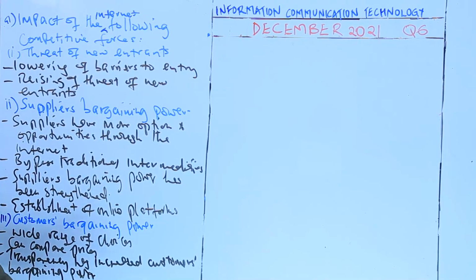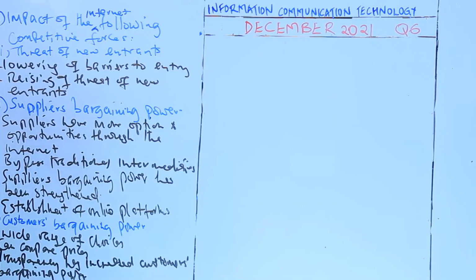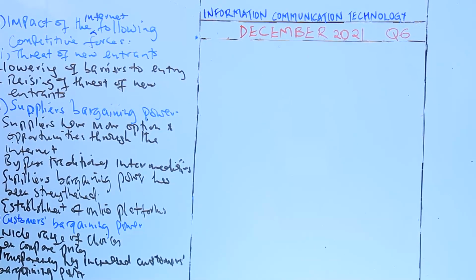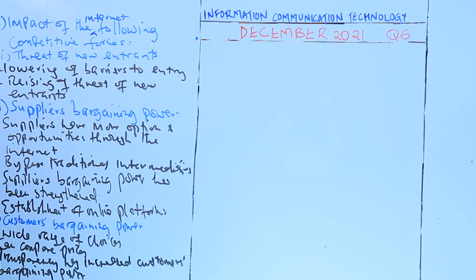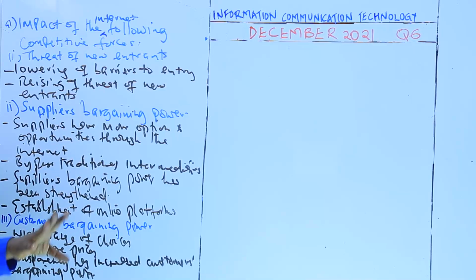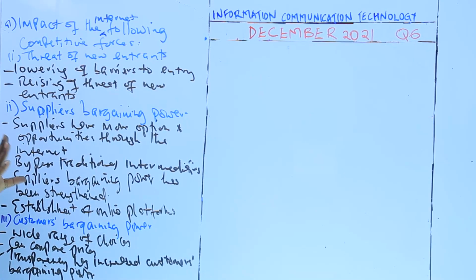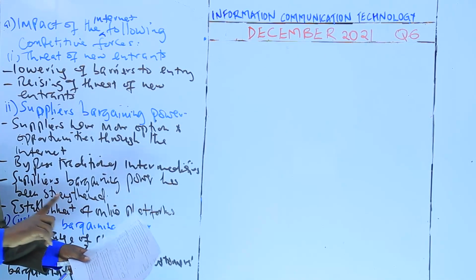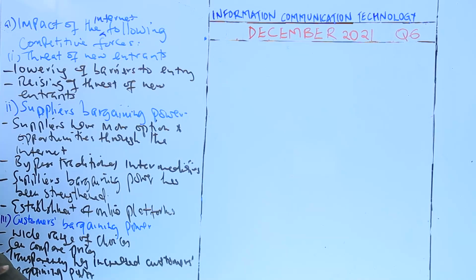It has increased customers' bargaining power. They can compare prices. Customers can negotiate because they have many options before making purchase decisions. And I've said it has increased their bargaining power as they can easily switch between different sellers or brands.